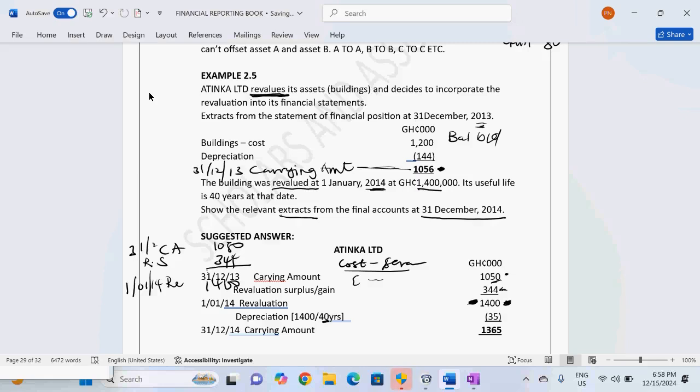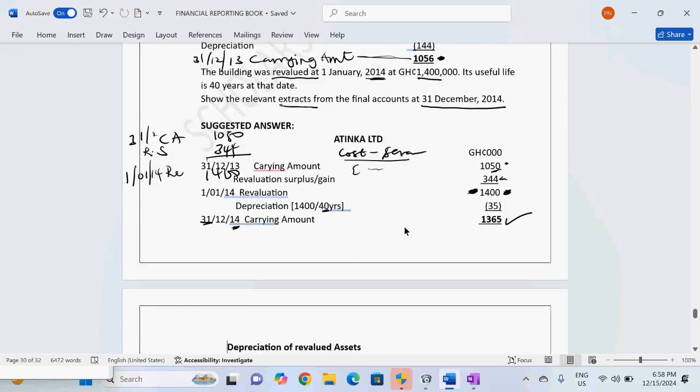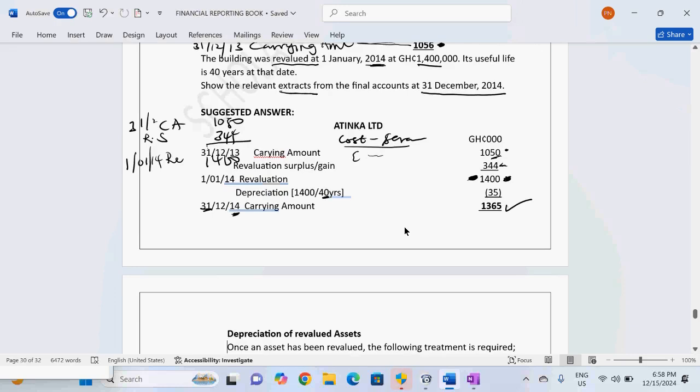Depreciation will be deducted from this amount, and you get 1,365 as your carrying amount as at 31st December 2014. Show the relevant extract from the final account at 31st December 2014. So this is the carrying amount, but then what will happen to this carrying amount?